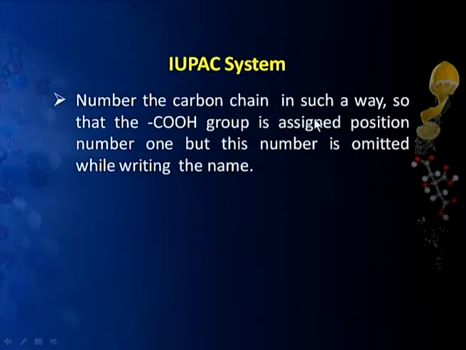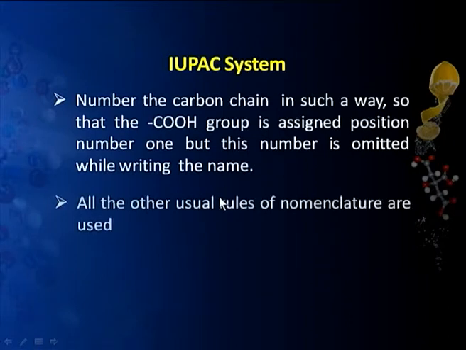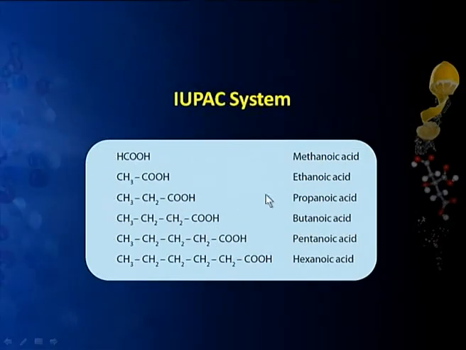Number the carbon chain in such a way that the carboxyl group is assigned position number 1, but this number is omitted while writing the name. Obviously we will require this when there is some substituent present on the chain, and all other usual rules of nomenclature are used.